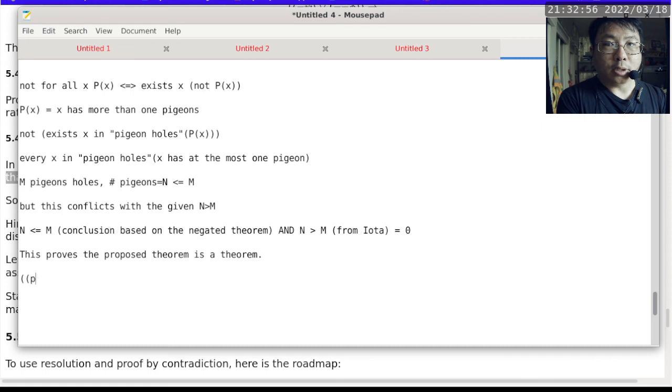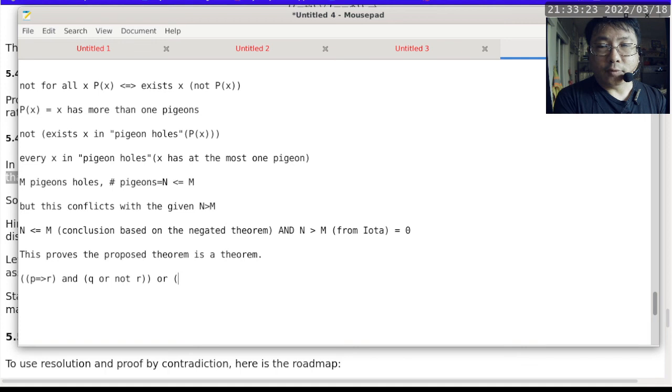So I'm going to have P implies R, and then Q or R, Q or not R, and then we have an OR here.